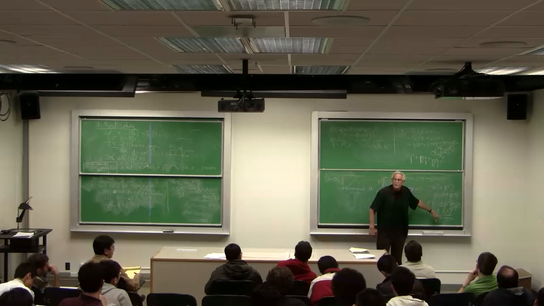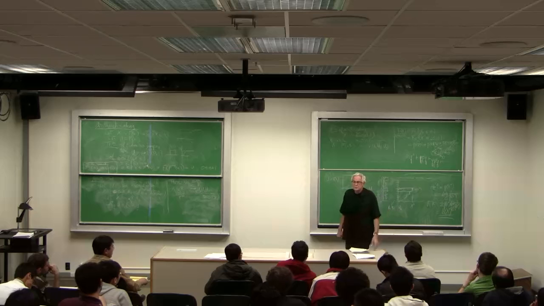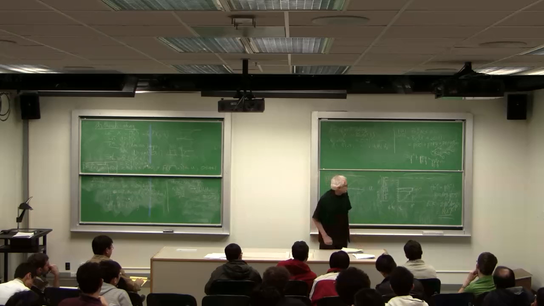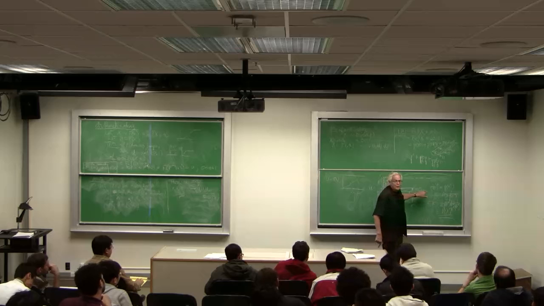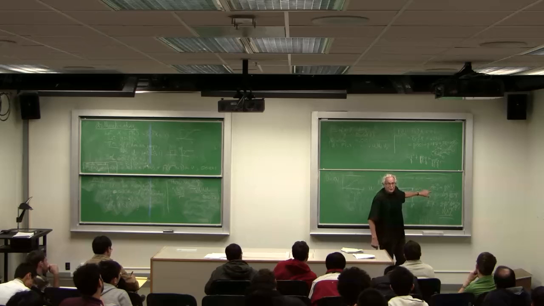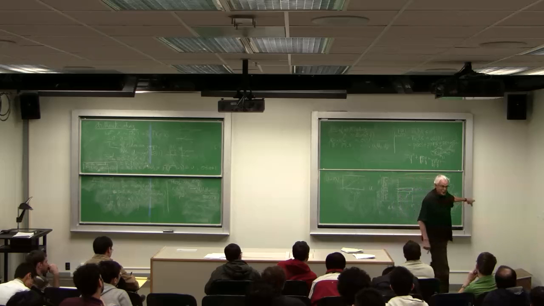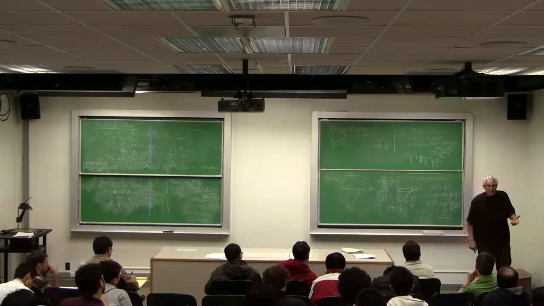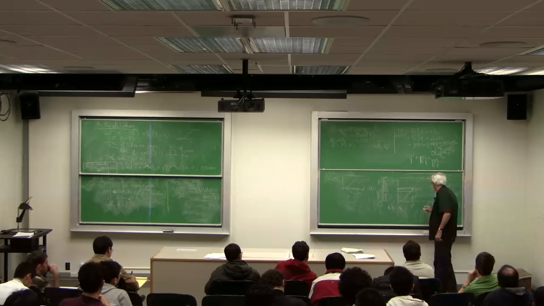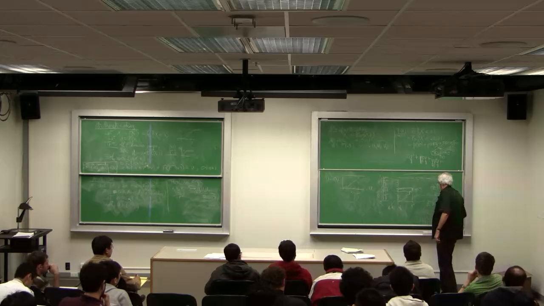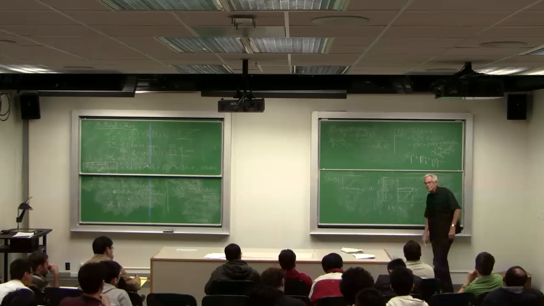But this is the rough outline of why it's true. By the way, how large is P of x^n going to be? If it's an ergodic process, it will be of size 2 to the minus nh, where h is the entropy rate, in which case you get compression to the entropy rate limit.